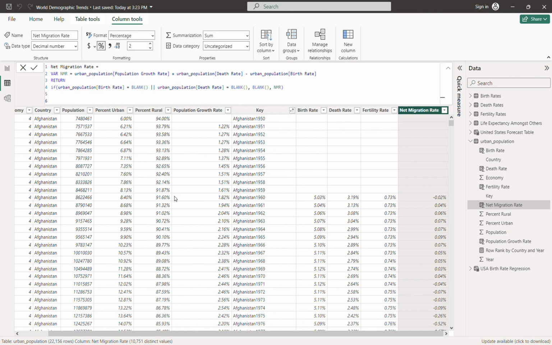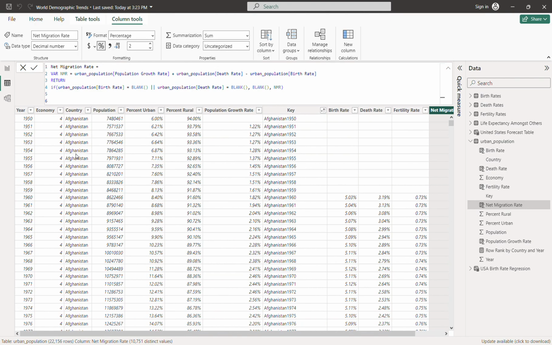So now that we've looked into that, we can talk a little bit about how I put this together. Each one of these tables came with a year and a country.